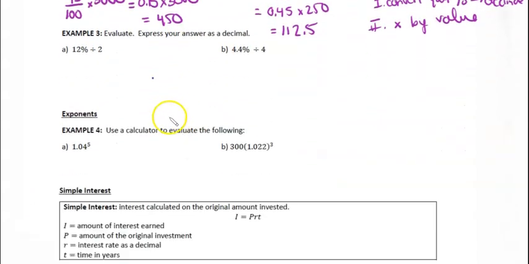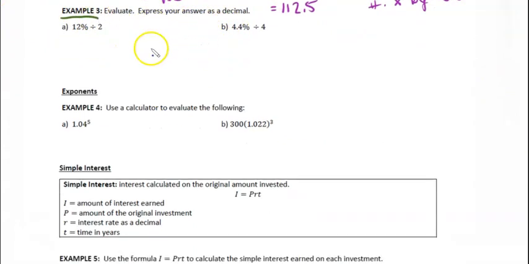Okay, example 3. Evaluate and express your answer as a decimal. Okay, so we're going to see this in these questions as well. We're going to have to take some percentage and divide it by 2. So if you remember in BEDMAS, division and multiplication, it doesn't matter which order we go in. So 12%, again, percentage, we want to take 12 and divide it by 100.